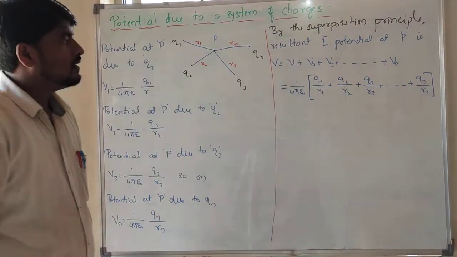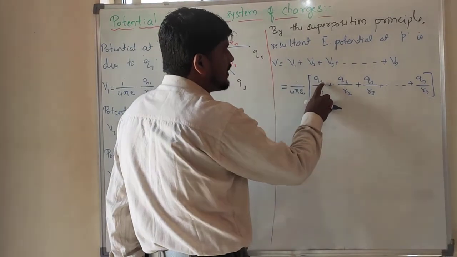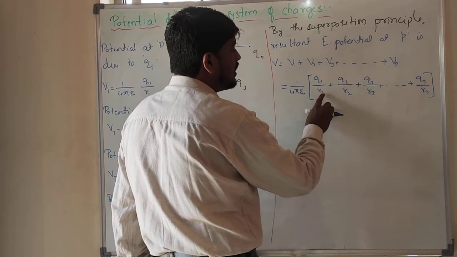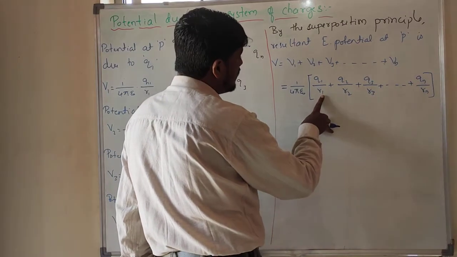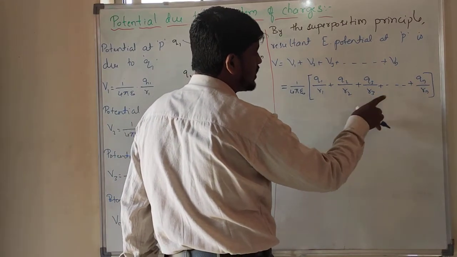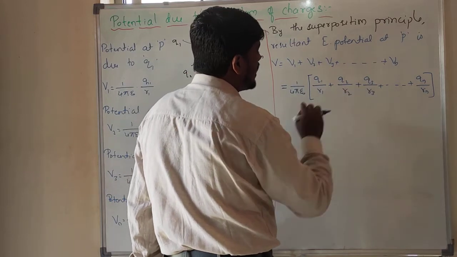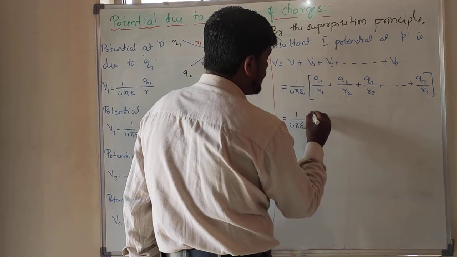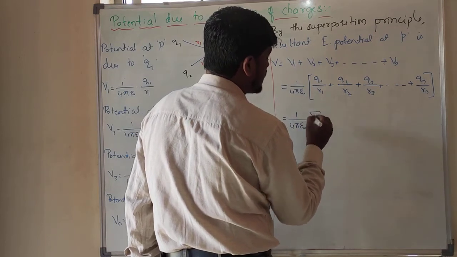What do I have to do then? Look at this. The subscripts in the numerator go 1, 2, 3, 4, up to n, and at the same time in the denominator the subscripts again go 1, 2, 3. So we can write this using the summation symbol, sigma.